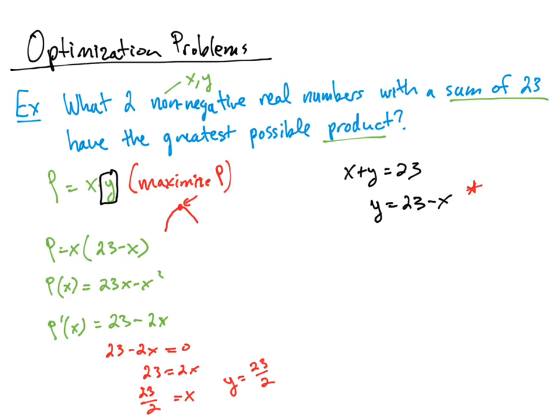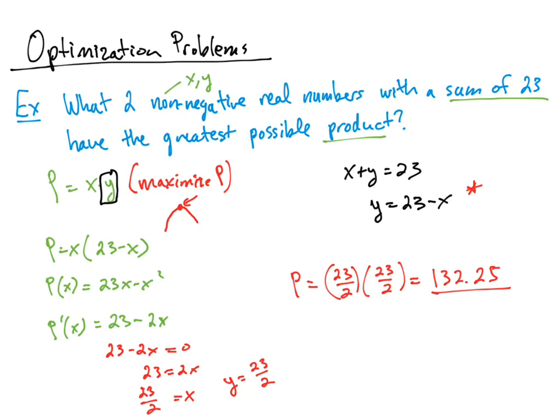So what we've done is we found two non-negative real numbers. Their sum is 23. And when we multiply these together, p is equal to 23 over 2 times 23 over 2. That's going to be 132.25. Okay, so that's the largest possible product we could get by multiplying two real numbers together whose sum is 23.